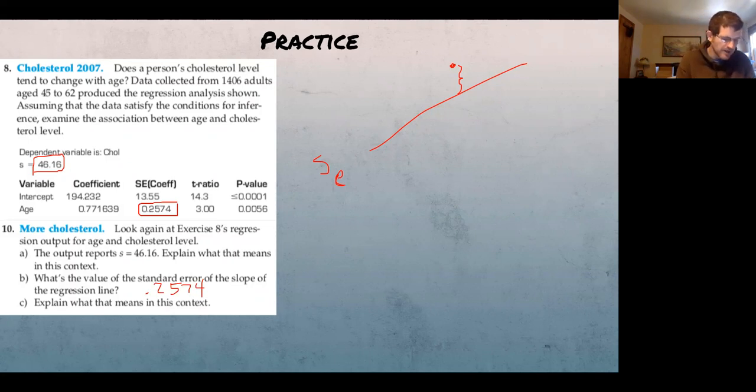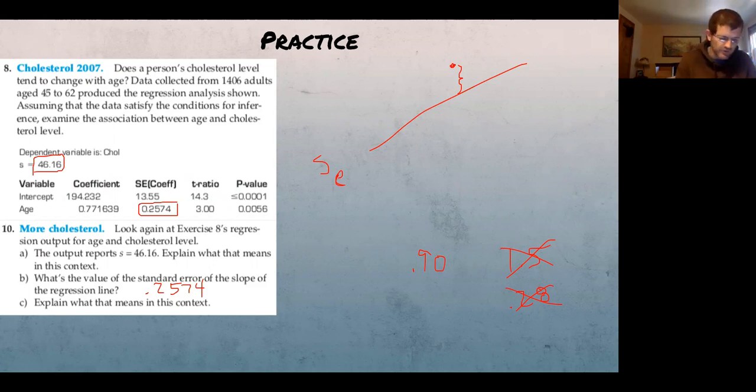So if we did this again and we got a 0.90, that wouldn't be unexpected. But if we did this again, we would not expect to get a 1.5 slope, or we wouldn't expect to get a 0.28 slope. So these would be unexpected. So the average change, you could think of the average variation from the slope that we got, would be 0.2574.